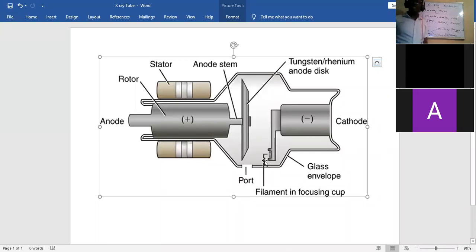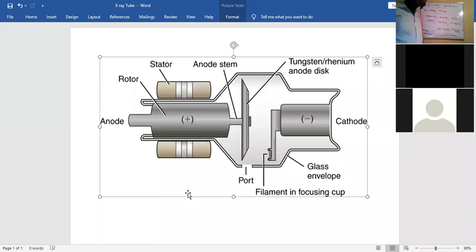It is usually needed for some X-ray machines like CT and most fluoroscopy at times. But for mobile X-rays, we don't normally use it. They use a fixed or stationary X-ray tube. So these are just the simple things we need to know about it.